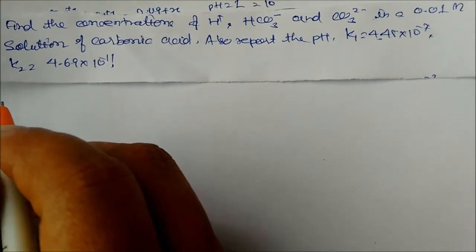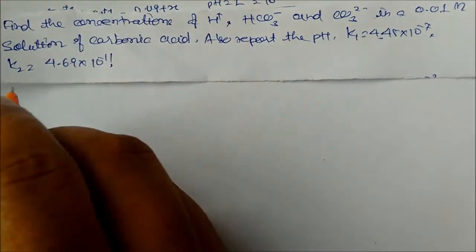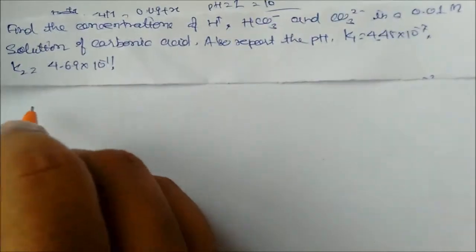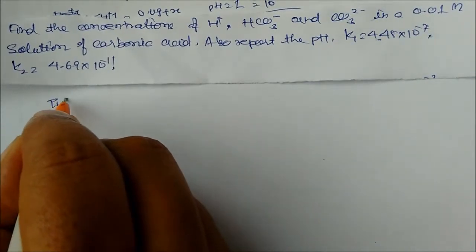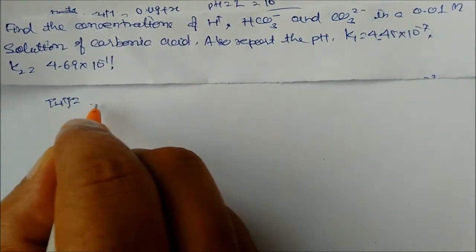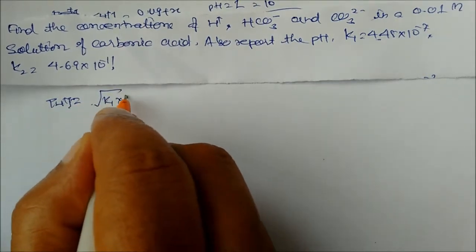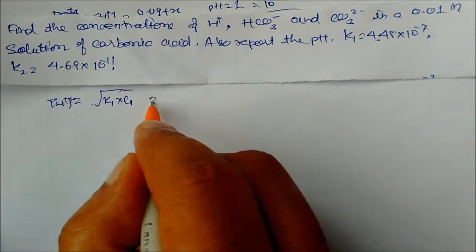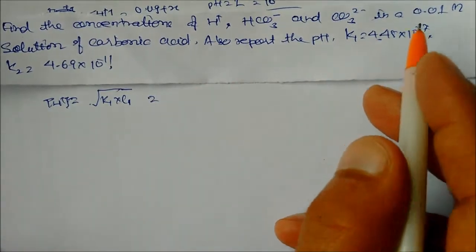So H plus for carbonic acid, we can write, H plus will be root under K1 into C1. K1 is given here and C1 is 0.01 molarity.